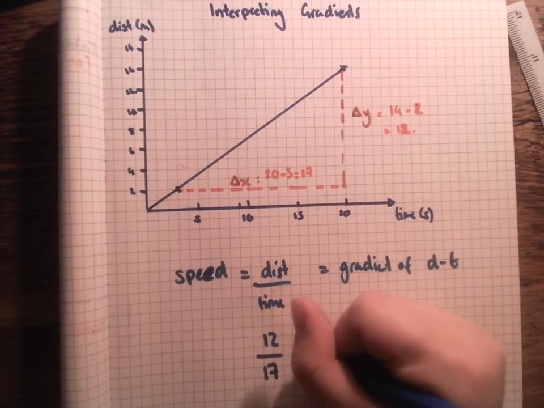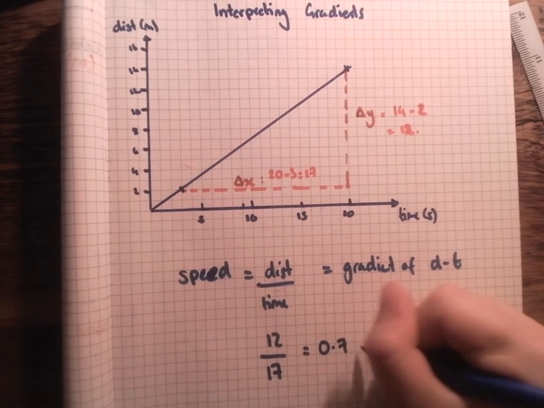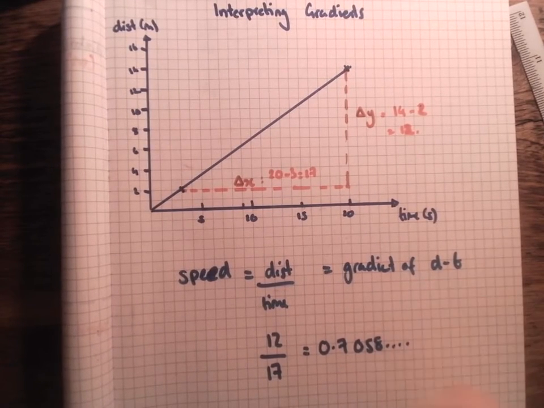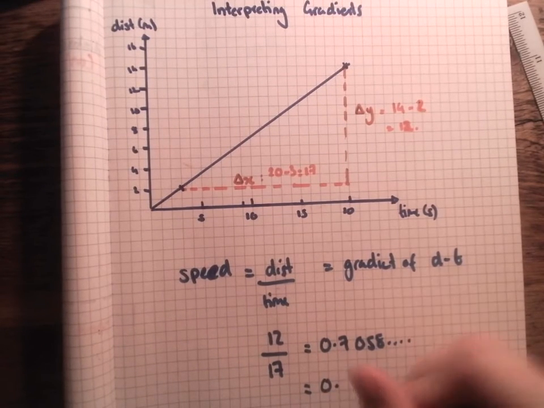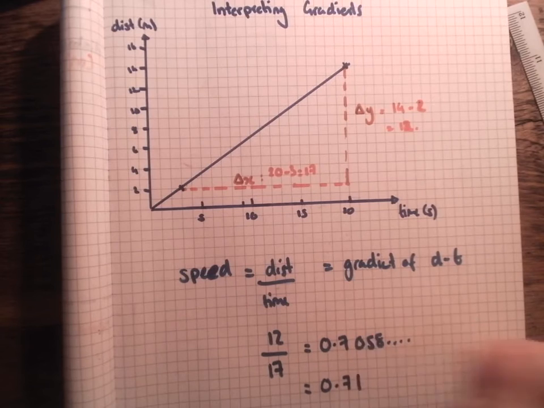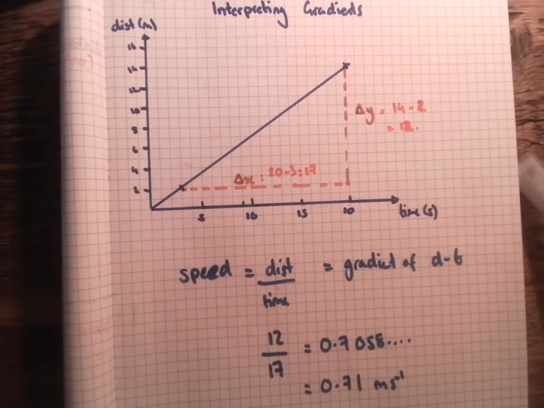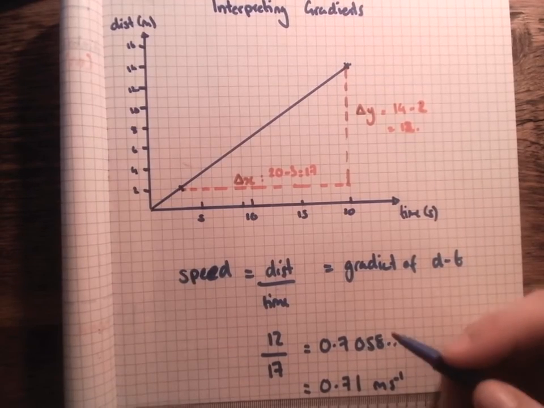That is telling me that I've gone 0.70588. We don't like that, it's too many decimal places, so we're going to just stick to 1 or 2. So 0.71 meters per second in this case. Again, that is calculating the gradient.